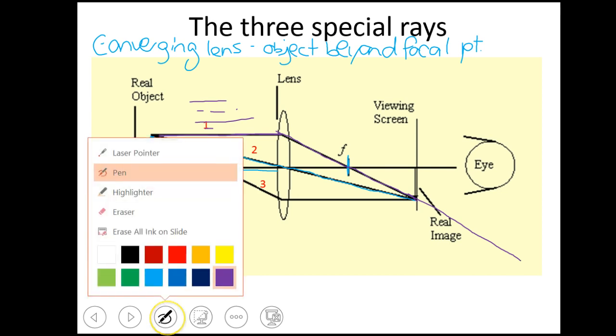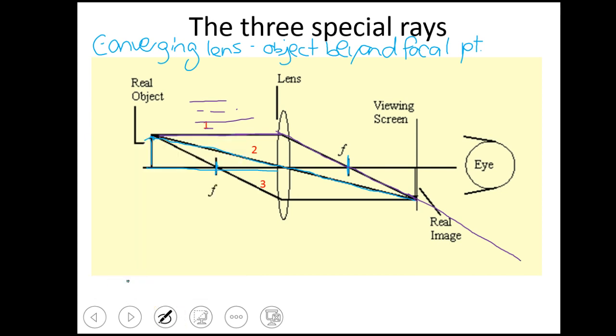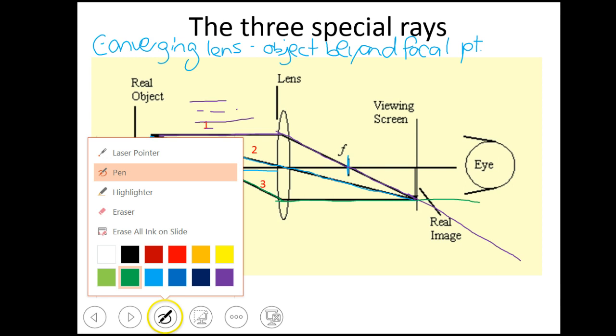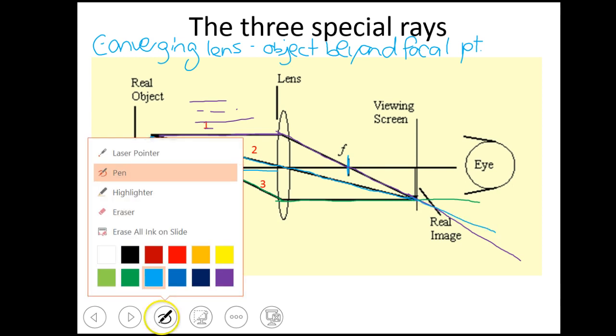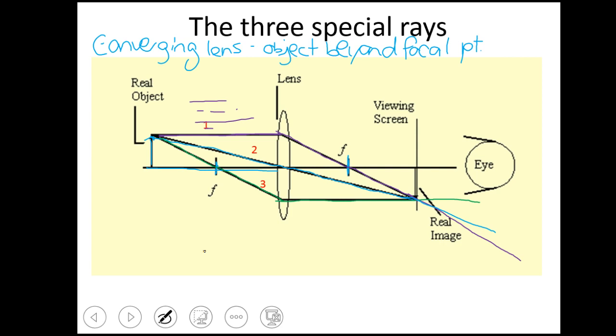And then special ray number 3 says that any ray coming through the near focal point gets refracted parallel to the optical axis. And so what we find as we draw these 3 very special rays is that there's this really interesting part where they all come together, right?